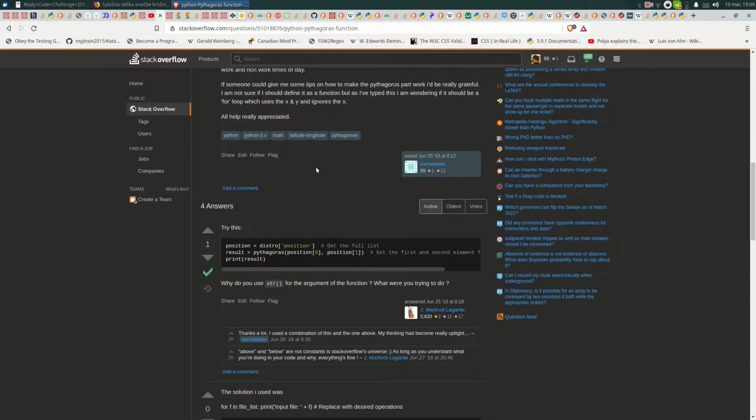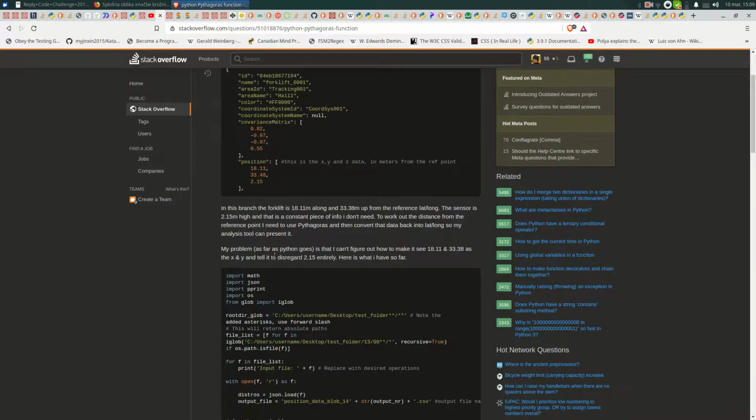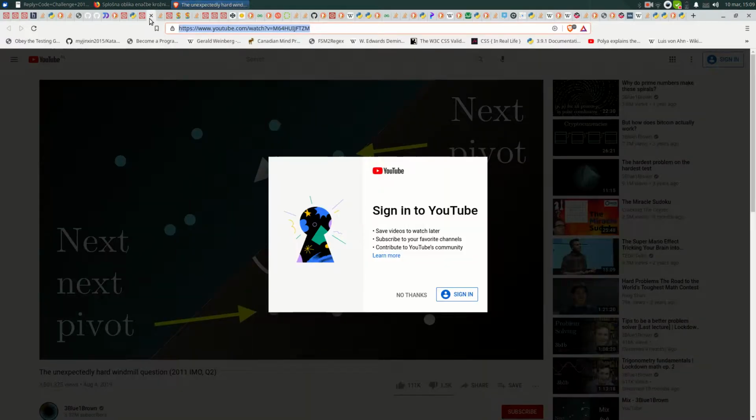Oh Jesus, so much code. Try this. Pythagoras. Is there like a sqrt? Math sqrt. Oh, so there is this math module. What is this?